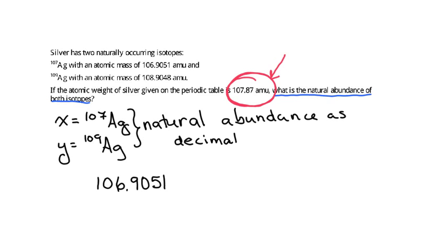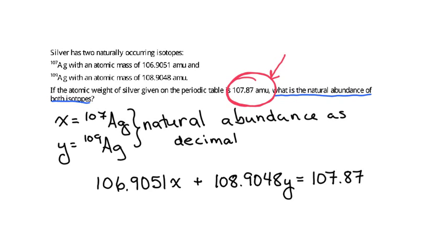That's going to be multiplied by the natural abundance as a decimal of silver 107, plus the atomic mass of silver 109, 108.9048, times the natural abundance of silver 109 as a decimal, that's Y. That weighted average, when you add them together, will give you the atomic weight from the periodic table for silver, 107.87. That's our first equation.